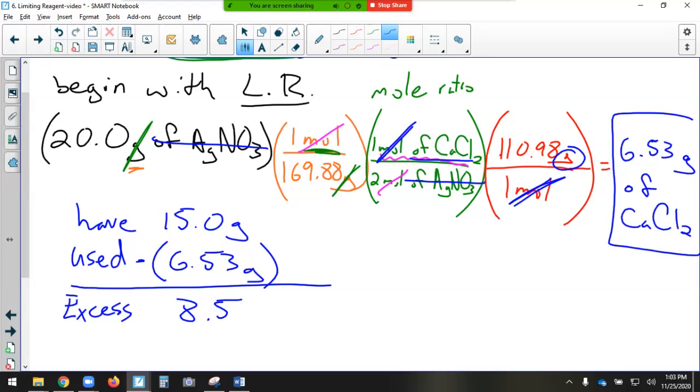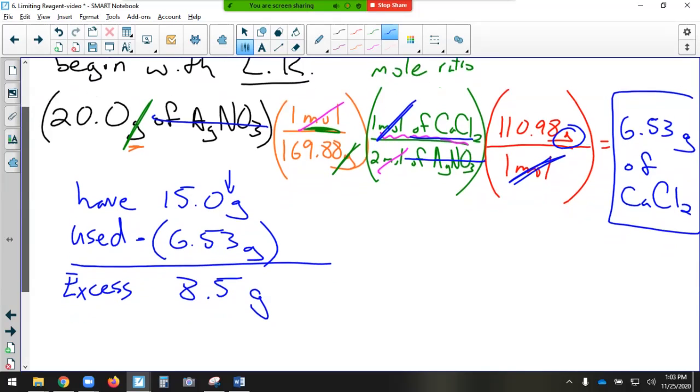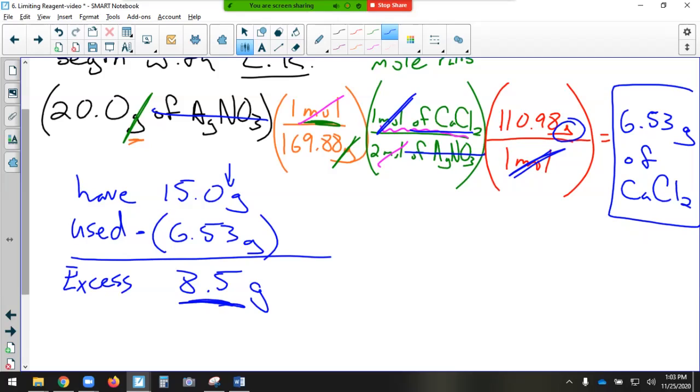I'm going to call it 8.5 and round because we don't have a digit past the first decimal place, so I'll round it to 1 decimal place since we're doing addition and subtraction. So 8.5 grams of calcium chloride is in excess. That's how you can find out how much is left over, or the excess reagent.